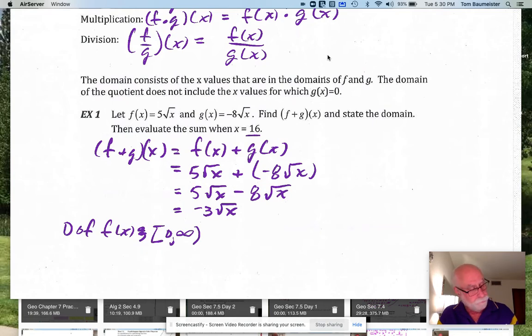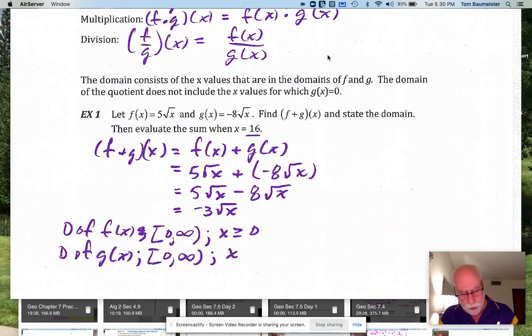So remember, we would write that as x is greater than or equal to 0. The domain of g of x, again, is the same. Remember, that's the function notation that the college wants, but I'm sure Big Ideas will want x is greater than or equal to 0.